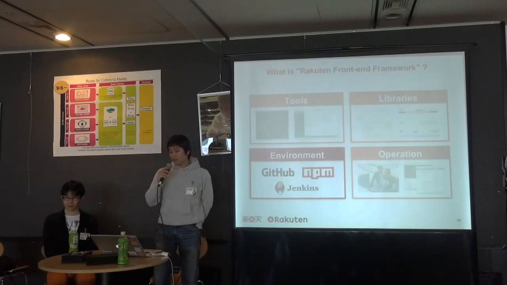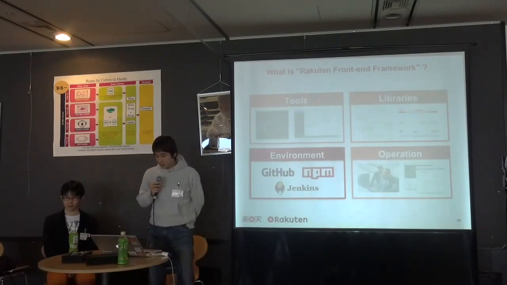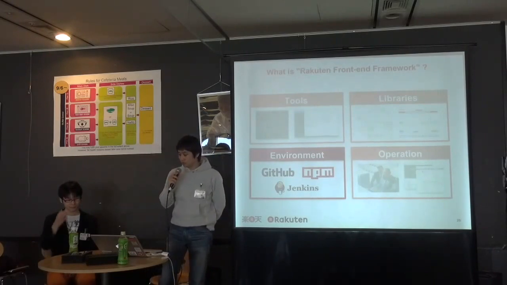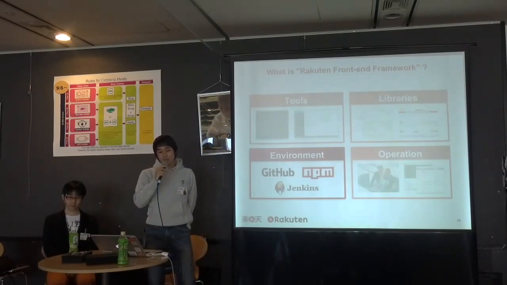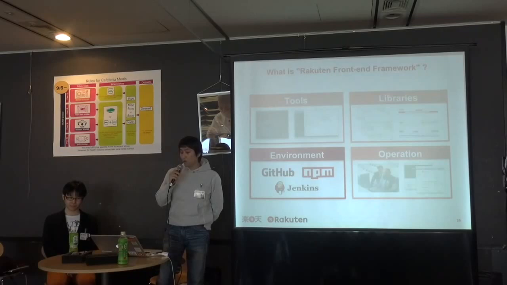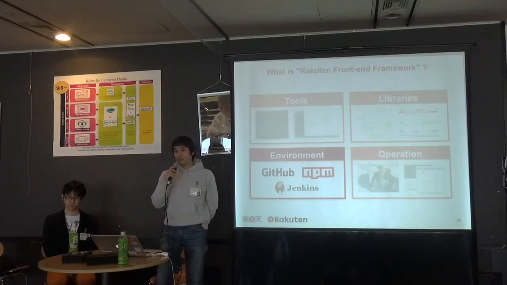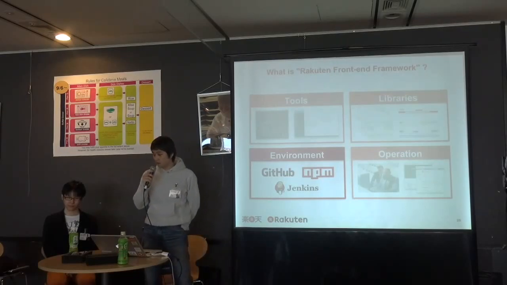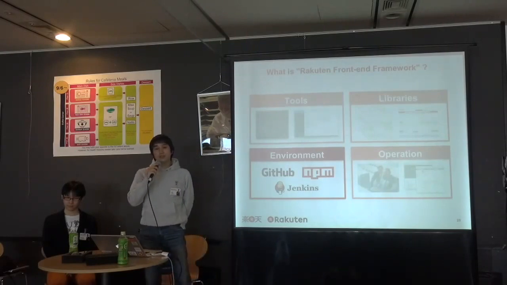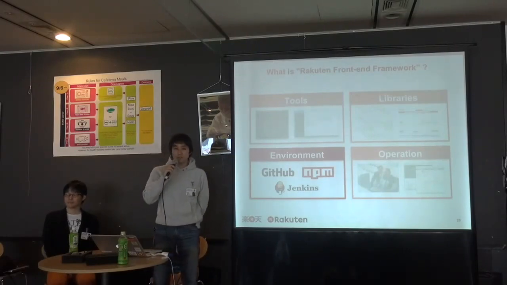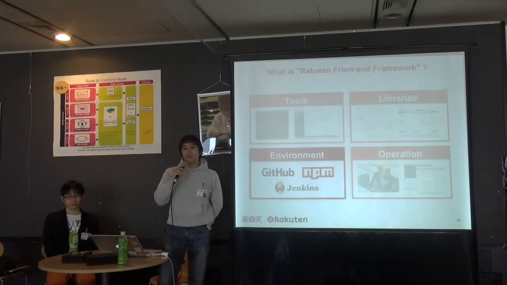To distribute the tools and libraries, we should utilize server-side solutions such as GitHub and NPM. And we will introduce Jenkins for automation such as build, test, and deploy. Not only front-end tools, but it's also very important to utilize such an environment so that it can be used widely.